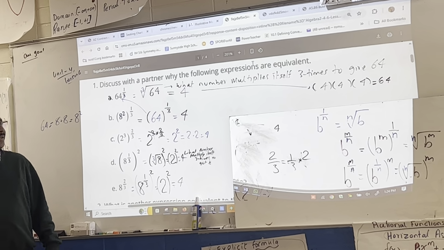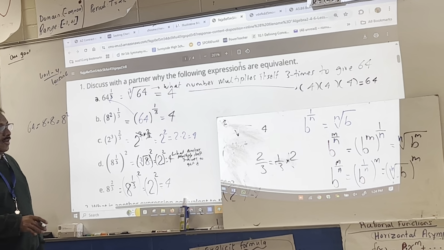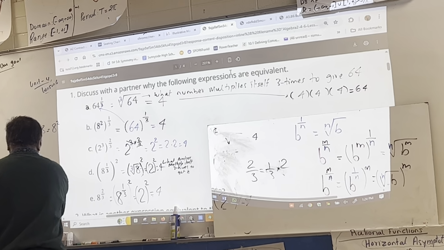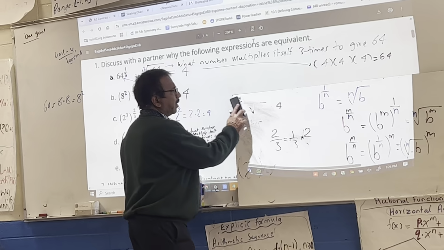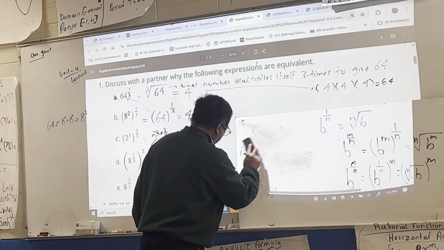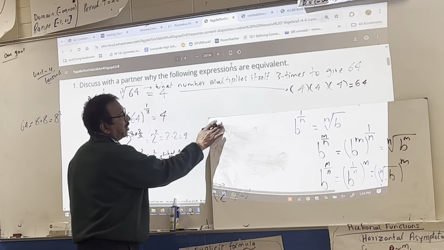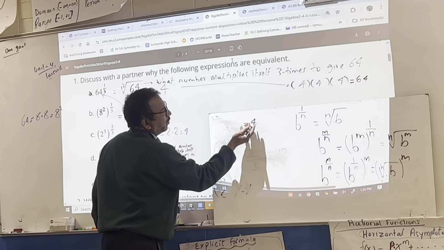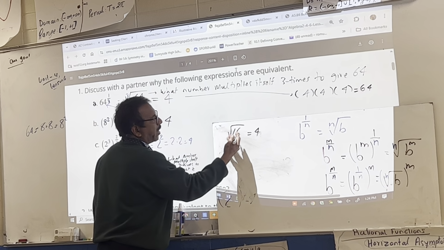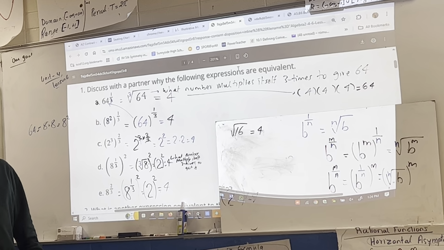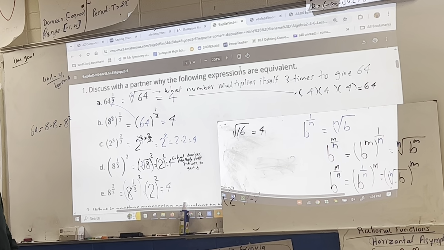Now, the second question is asking, are there any other possibilities which can give you 4? You can have a lot of options. If I want to get 4, 4 also is square root of 16. Do you agree? Square root of 16 is 4, because 4 times 4 is 16.